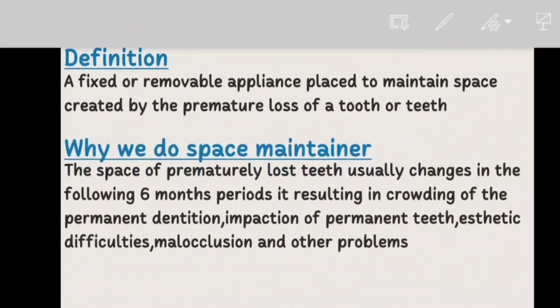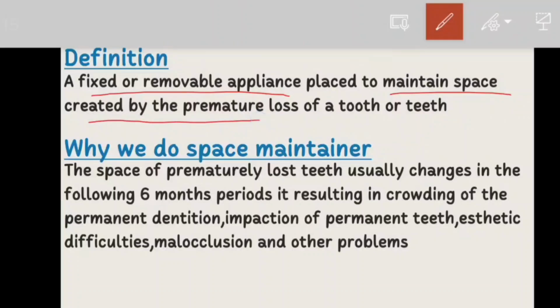So, a space maintainer is an orthodontic appliance which is used mainly in children when a milk tooth is lost early. Its main job is simple: to save the space for the permanent teeth. First, the definition. A space maintainer is a fixed or removable appliance which is placed to maintain the space created by the premature loss of a tooth or teeth.